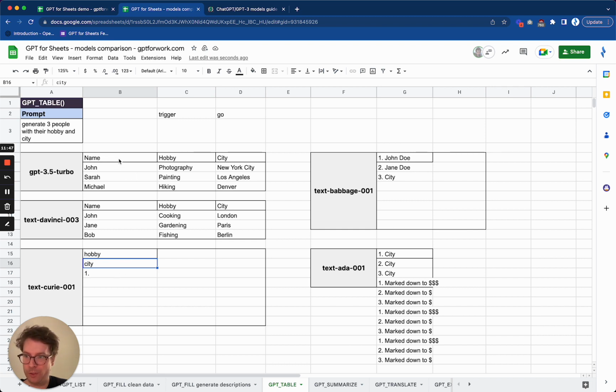So ChatGPT provided 3 people here with hobbies and cities that are realistic. That's good. DaVinci also provided a decent outcome, although the names that DaVinci came up with are, let's say, less creative than the ones ChatGPT came up with. And then all the other models failed the task. So these models are not able to generate tables.